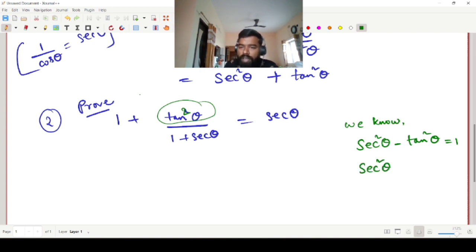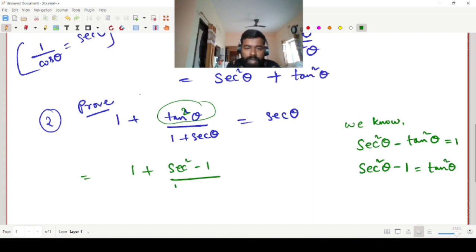So sec square, and I'll bring 1 to the left hand side, and I'll take this to the other side. So now I have tan square, which is sec square minus 1. So it's better to write in the place of tan square, sec square minus 1 divided by 1 plus sec theta. Okay, so this is our LHS part.